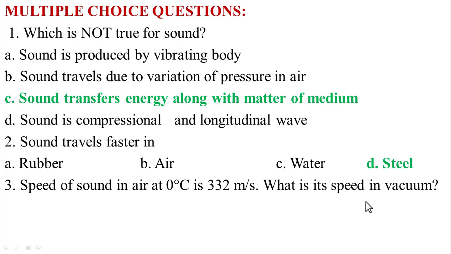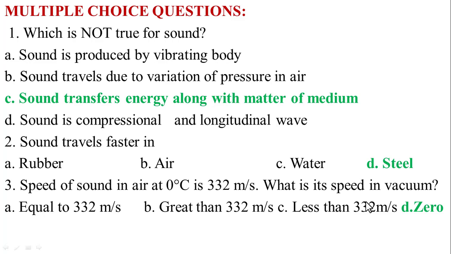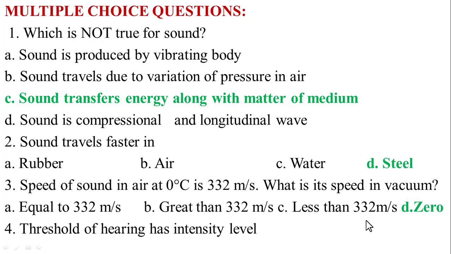Here in vacuum, sound cannot travel. So the answer of the third multiple choice is 0. Now in the fourth part, the threshold of hearing has an intensity. Among the four options, the answer is 0 decibel.